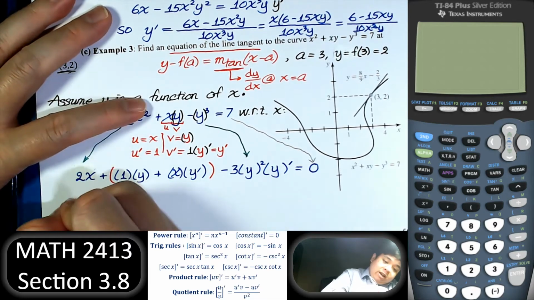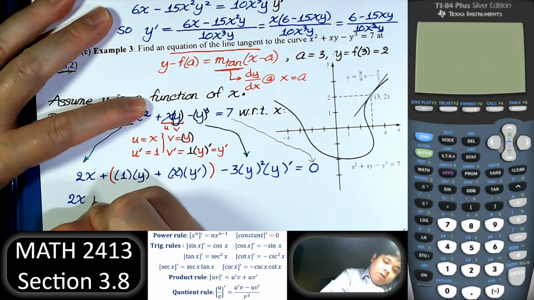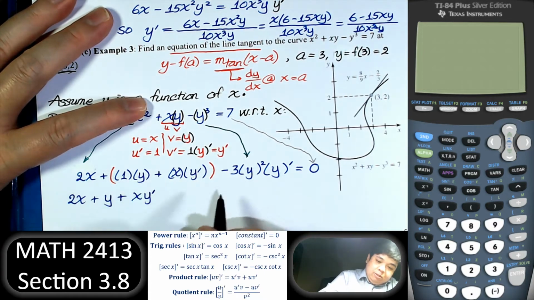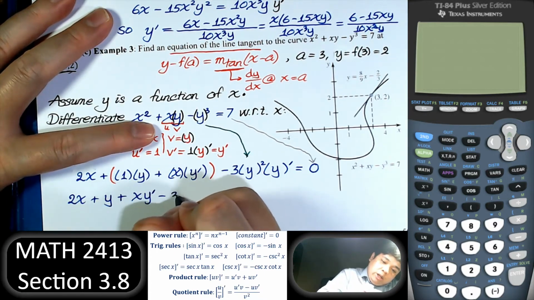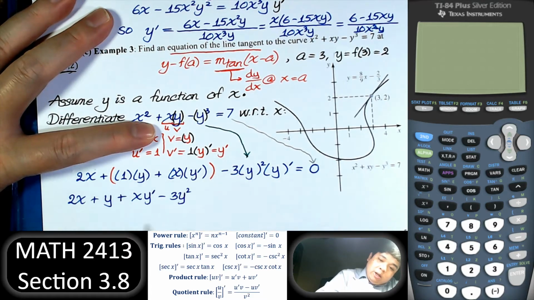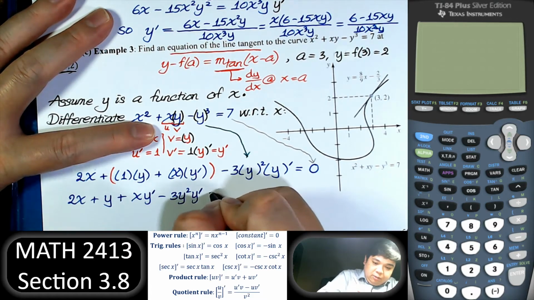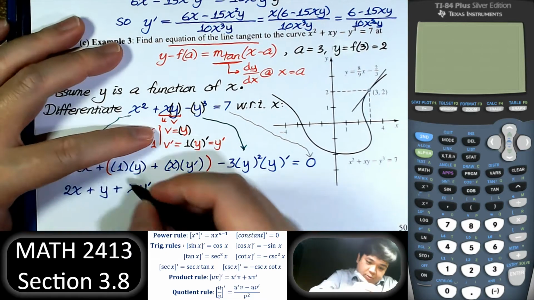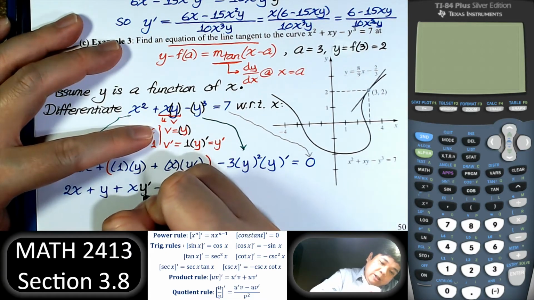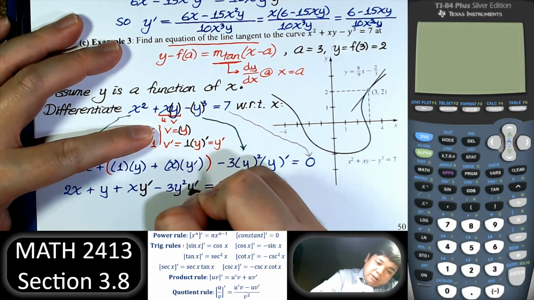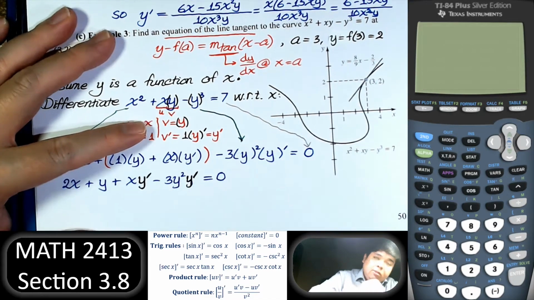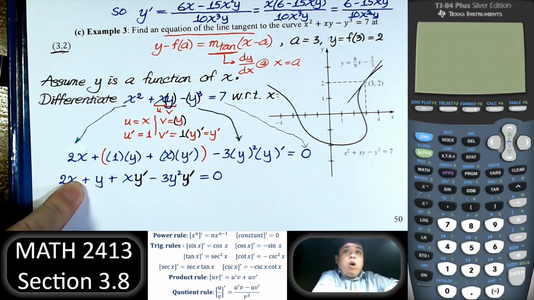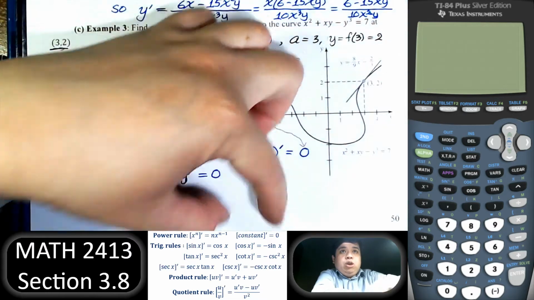So to rewrite this, I have 2x plus y plus x y prime minus 3 y squared y prime equal to 0. Since we solve for y prime here, I will just highlight that. These two terms don't have y prime in them, so I move those two to the other side.